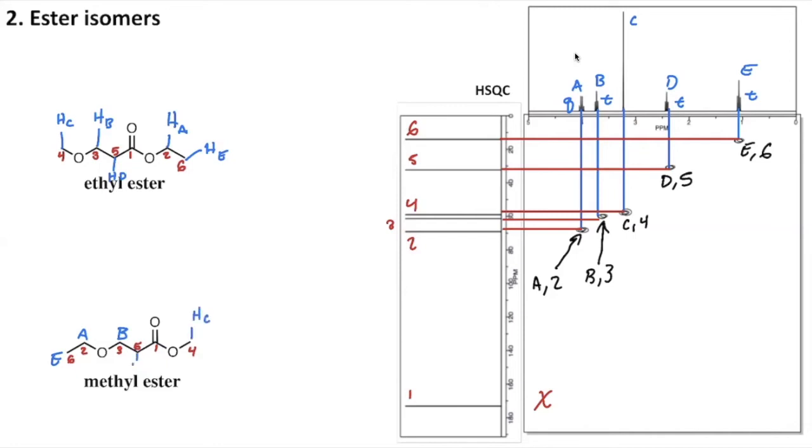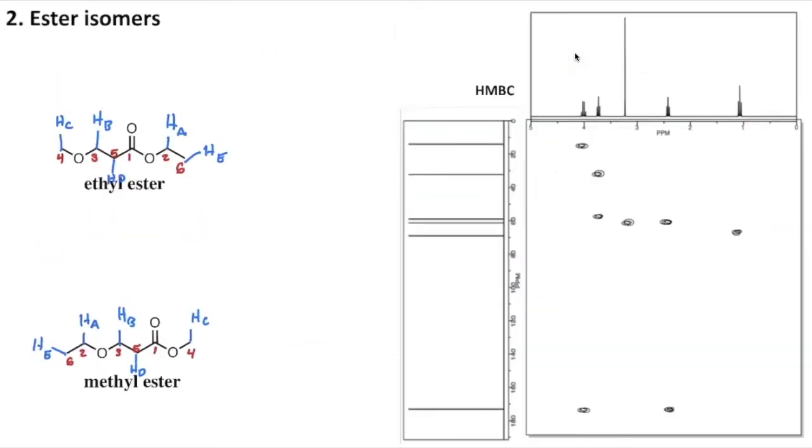Okay, so that's a lot of labeling, but I promise you it's going to come in handy when we get to the HMBC, because we're going to be getting a bit more of an alphabet soup of letters and numbers. It's going to be really useful later to allow us to count the number of bonds that carbons and hydrogens are away from one another so that we can see if the correlations make sense for the top isomer or the bottom isomer. So I'm going to copy these annotations down to our next slide so that we can take a look at our HMBC data.